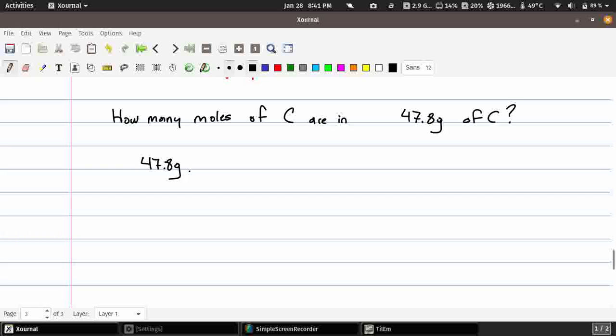So 47.8 grams of carbon, and then times 1 mole over 12.01 grams. So carbon, carbon, carbon equals, we're going to cancel out the grams of carbon on both of those. You're going to end up with a fraction that's 47.8 over 12.01.